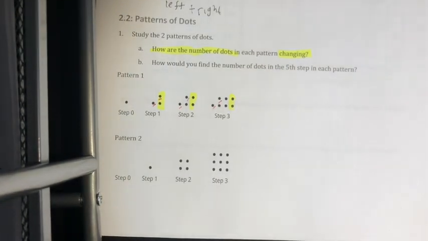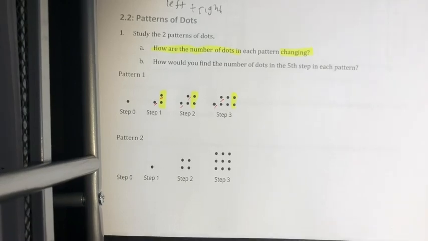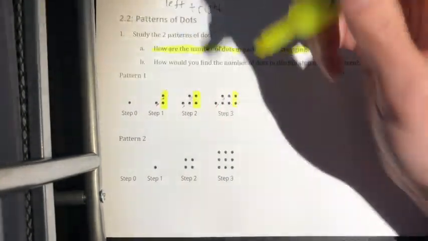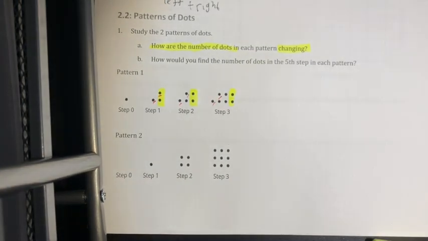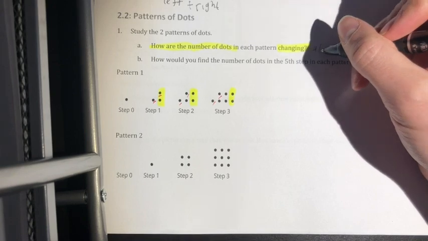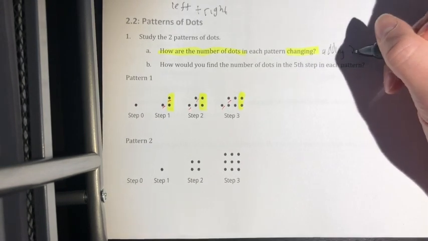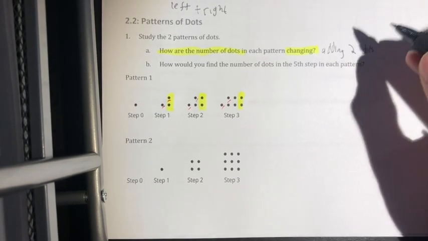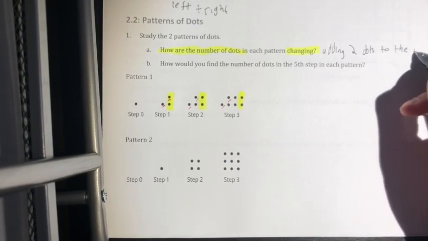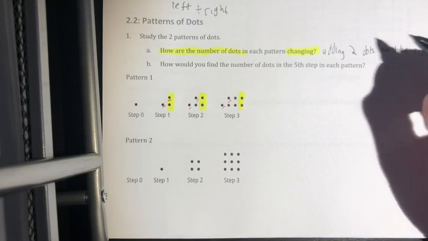So you might see it in all those different ways, but I'm going to treat this the rest of the way like I saw the highlighting. All right. So I'm going to say it's adding 2 dots to the right each time.